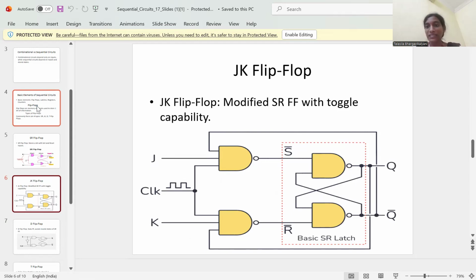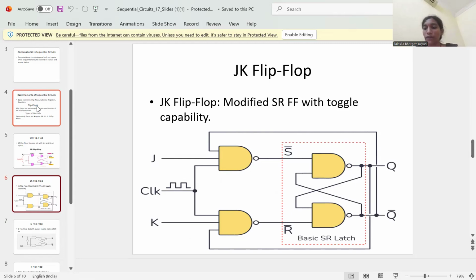It is called reset. If K equals 1 and J equals 1 and Qn value equals 0 or 1, then Qn plus 1 equals 1 or 0, which is the complement of Qn. It is also called toggle. Now let us talk about the excitation table.